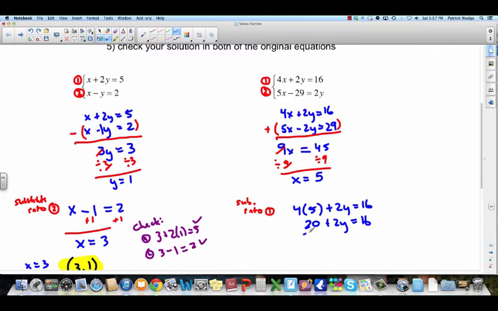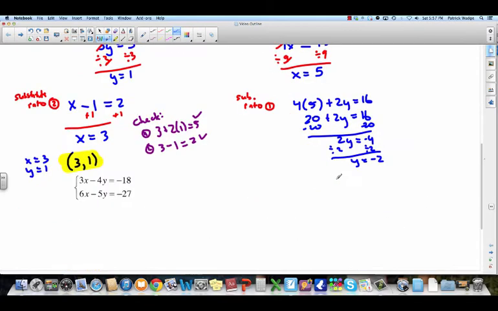You have to take 20 away from both sides, so you get 2y equals negative 4. Then divide by 2 and divide by 2, so you're left with y equals negative 2. Our answer is x equals 5 and y equals negative 2, or you could just write it as (5, negative 2).